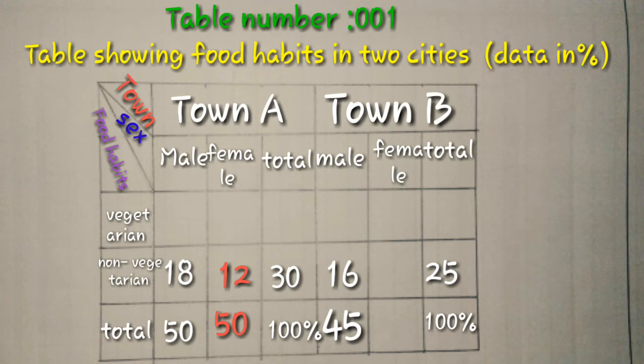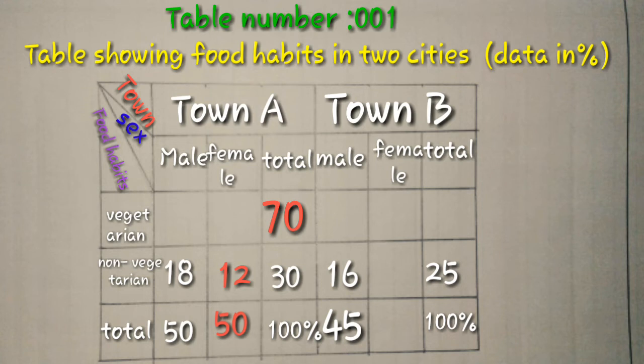We have written the total is 100% for town A. Here we have written non-vegetarians were 30. So out of 100, the rest 70% will be vegetarians. So then 70 will be the total of vegetarians. Okay friends, we have shown that 50% were males.